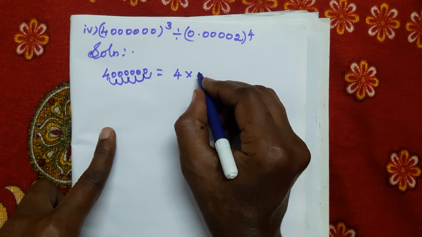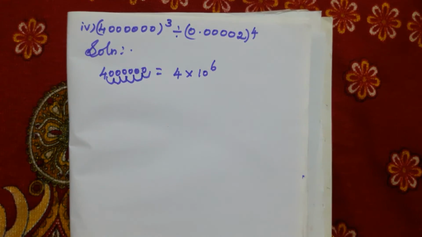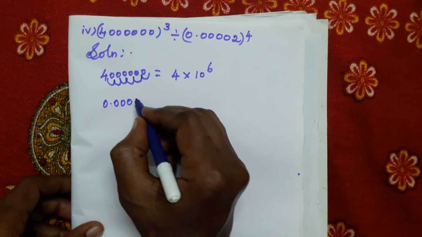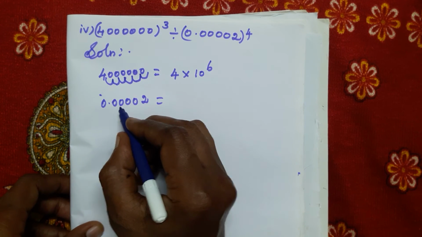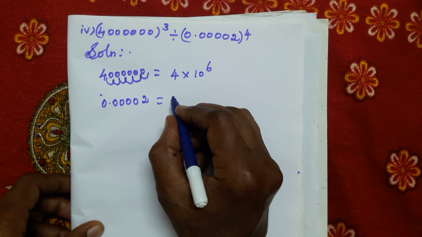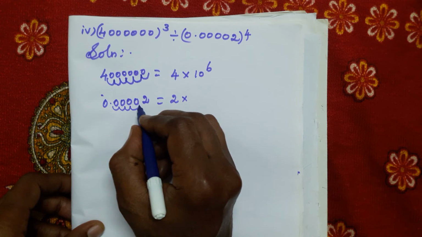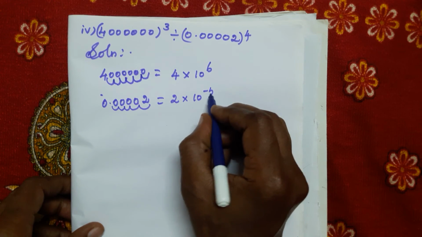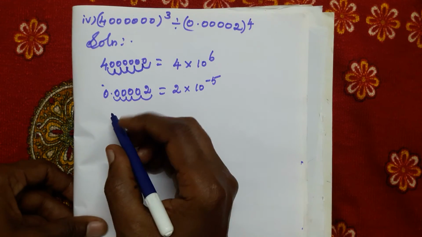Left side. So we can write 10 power 6. Next, 0.00002 the whole power 4. 0.00002 is equal to, in scientific notation, 2 into 1, 2, 3, 4, 5, 5 digits to the right side. So 10 power minus 5.